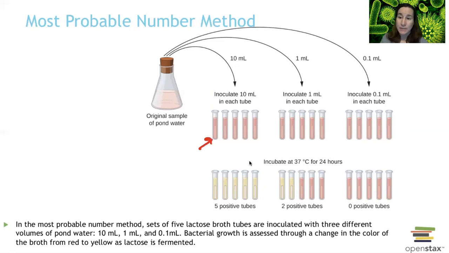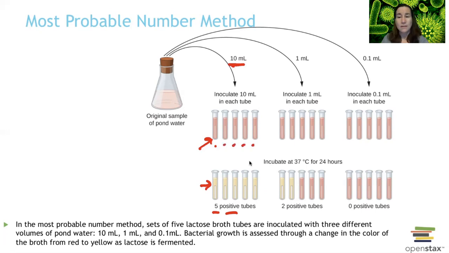And so if it metabolizes that sugar, that reagent will change color because of the acidity that happens when it metabolizes, and it changes from red to yellow. So we definitely got 5 positive tubes in this instance because there were so many bacteria in this 10 mils. When we inoculated each one of these with 10, 10, 10, 10, 10, all of them turned positive.